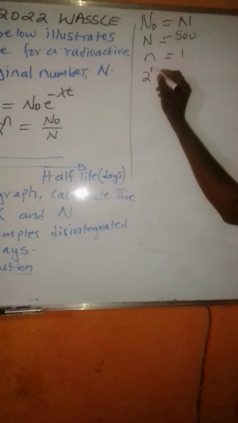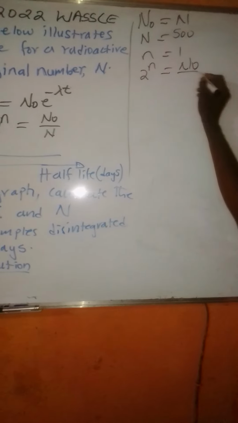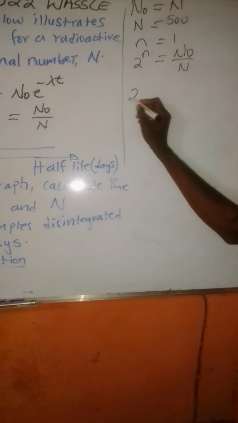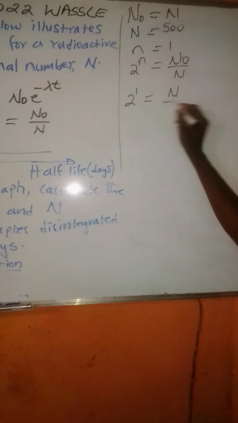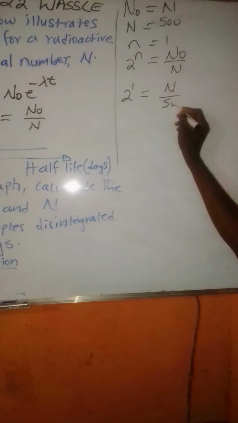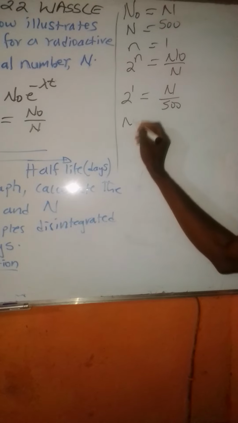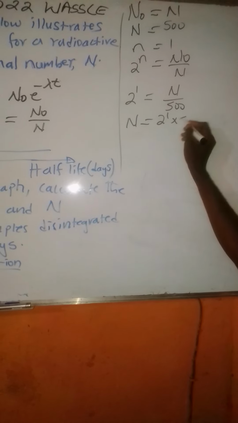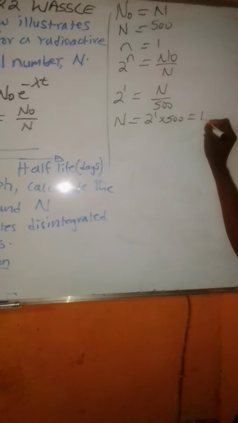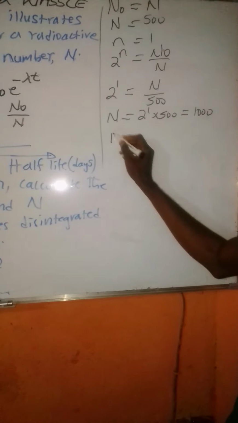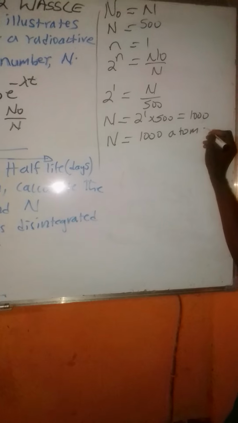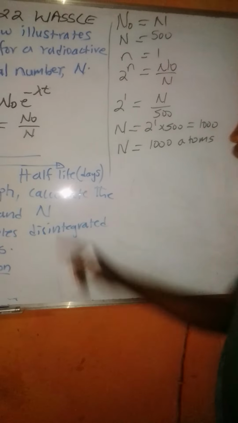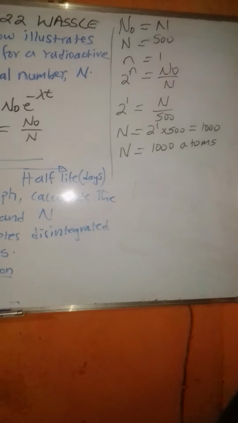Since we are required to find N, we use 2 raised to n equals N0 over N. We substitute n is 1, N0 is N, and N is 500. Since we are looking for N, we cross multiply. N is going to be 2 raised to 1 times 500. This will give us 1000 atoms. Therefore, N equals 1000 atoms. So we have the value of N to be 1000 atoms.